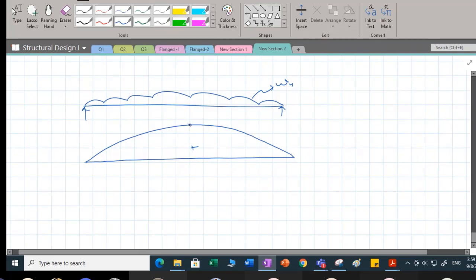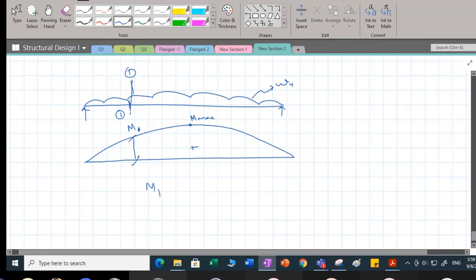Now please understand, here you have this maximum moment. If I move beyond this point, suppose I talk about this particular point, at this point I have a moment quantity. So this is my section 1-1. At section 1-1, I have this moment M1. Now this M1 is less than M max.